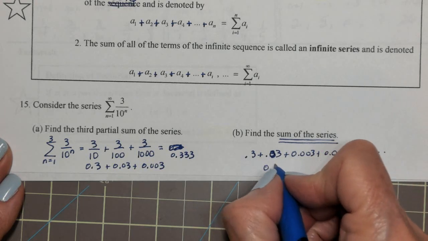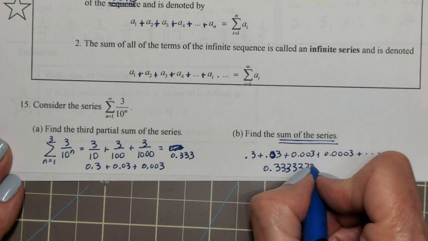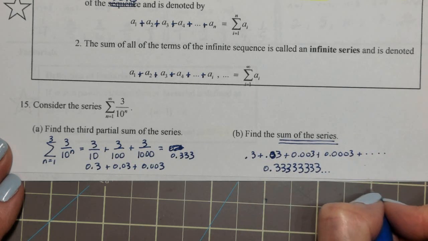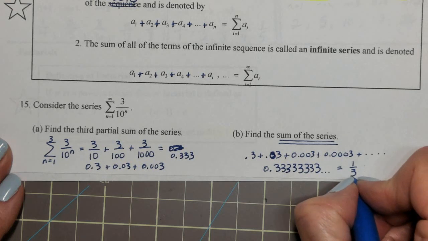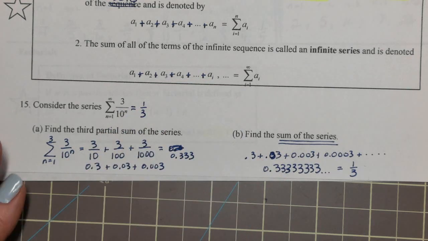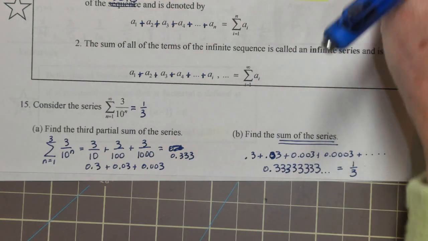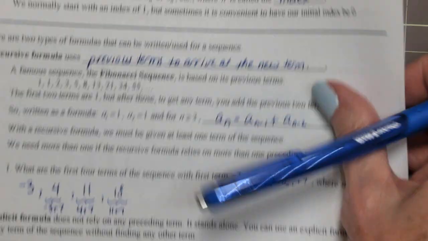That would be 0.333333333 forever and ever. What is that number? That number is 1/3. So this is 1/3. Okay? Alrighty, a little introduction to basics of series and sequences.